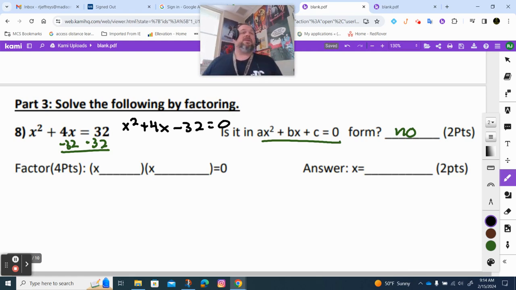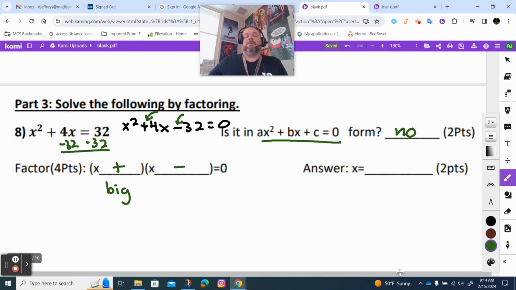We just got to use prior knowledge. This is negative, that should tell us our signs are different. This is positive, this should tell us our bigger number is positive.